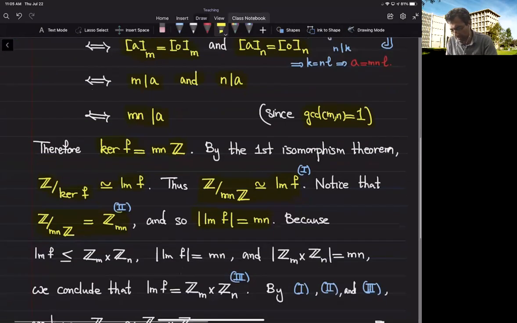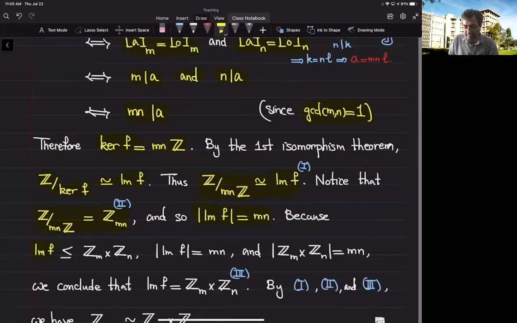Okay, now let's think about it. The image of f is a subgroup of the codomain, which is Z_m cross Z_n. And it has mn elements, but the codomain itself has mn elements. So we cannot miss any of it.